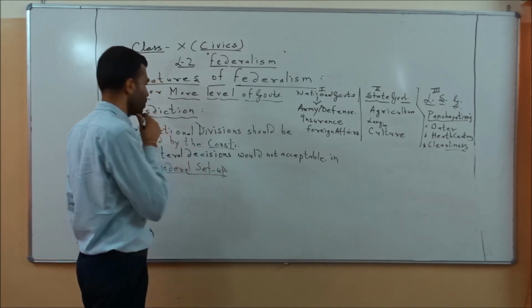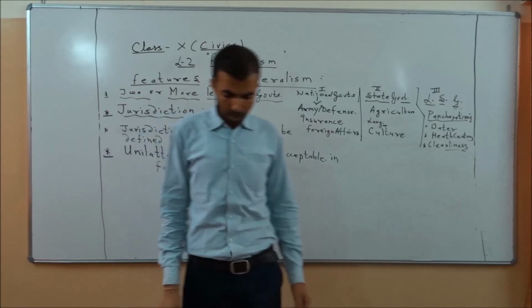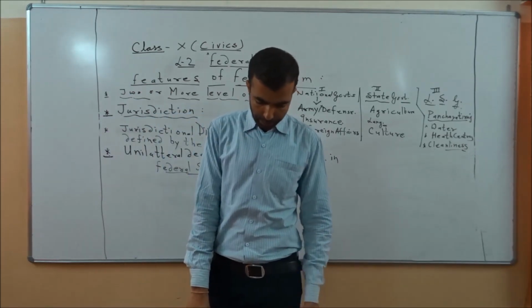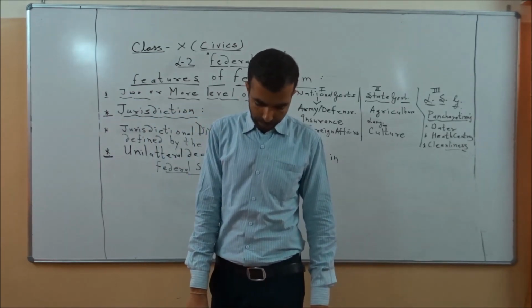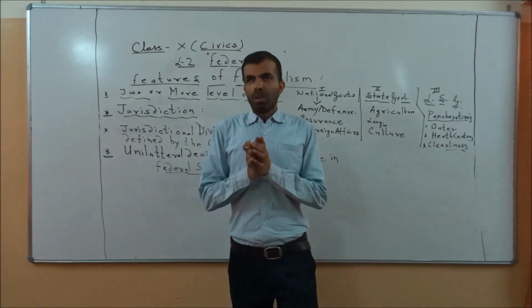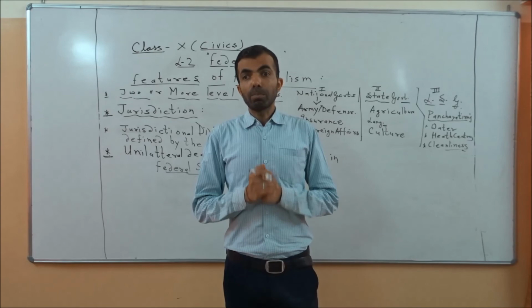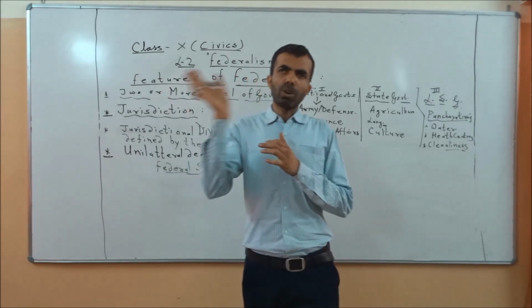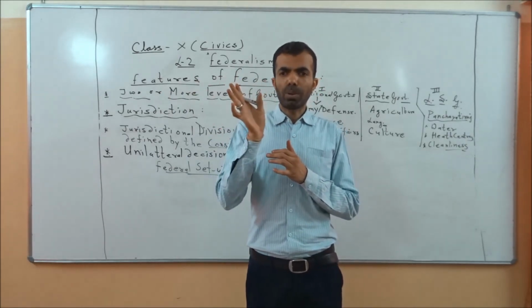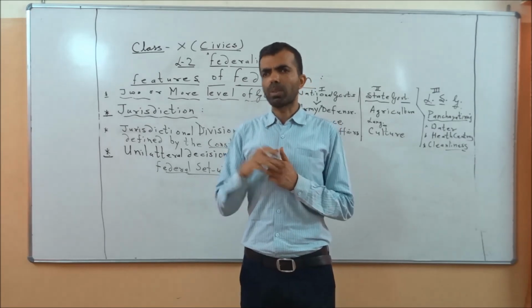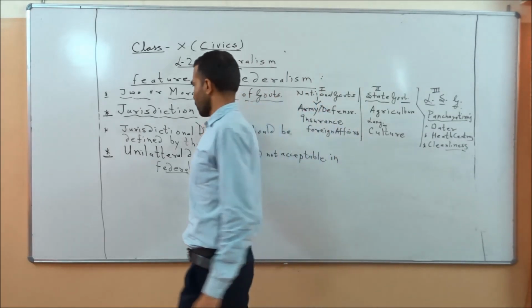I had told you in the beginning also, when we started the power sharing, I also told you especially in the Belgian model of accommodation that unilateral governments, unilateral form of decisions would not be acceptable. Same is true in the federalism's case.